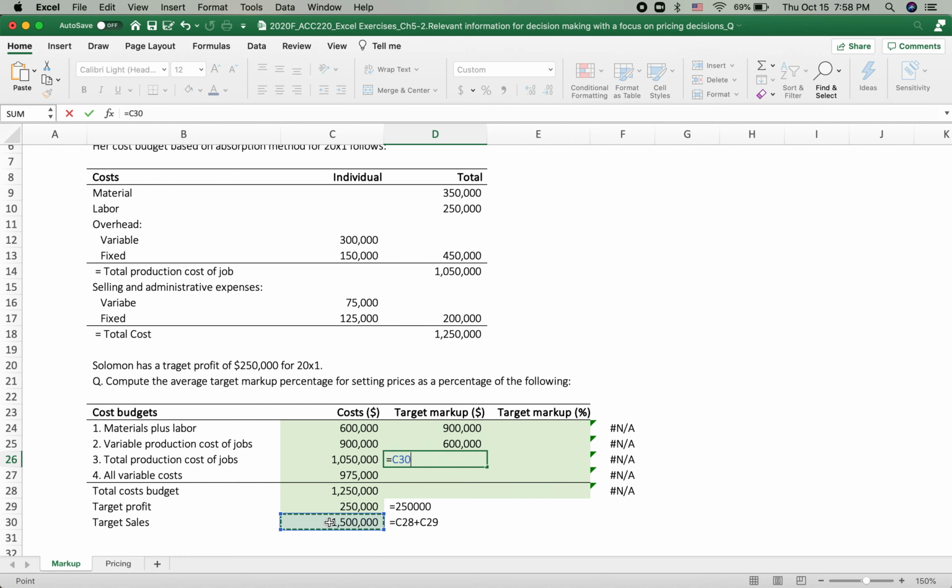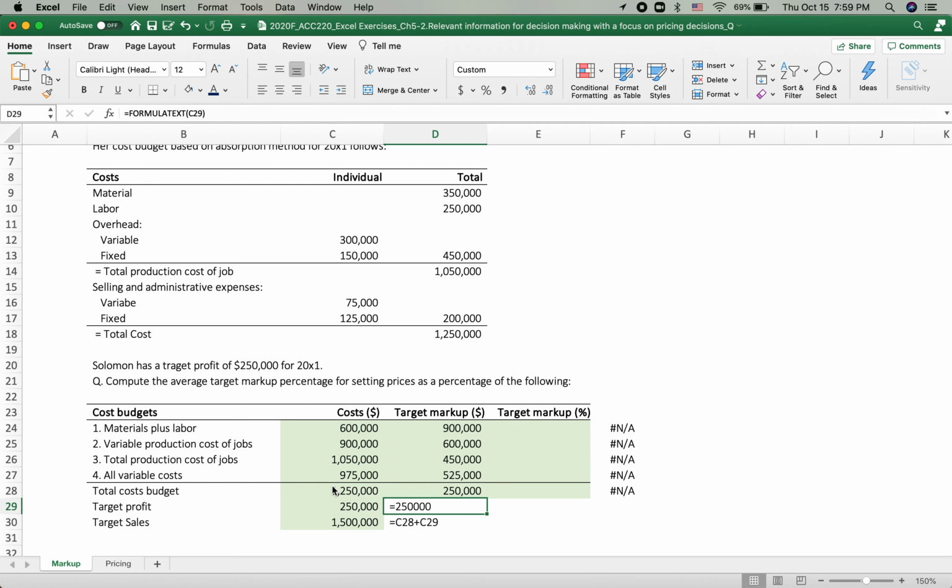We calculate this target markup so that we can identify the relationship between each cost and the target sales. Finally, all variable cost: the target sales minus its variable cost. And then the same way, target markup for all the cost budget is 250.